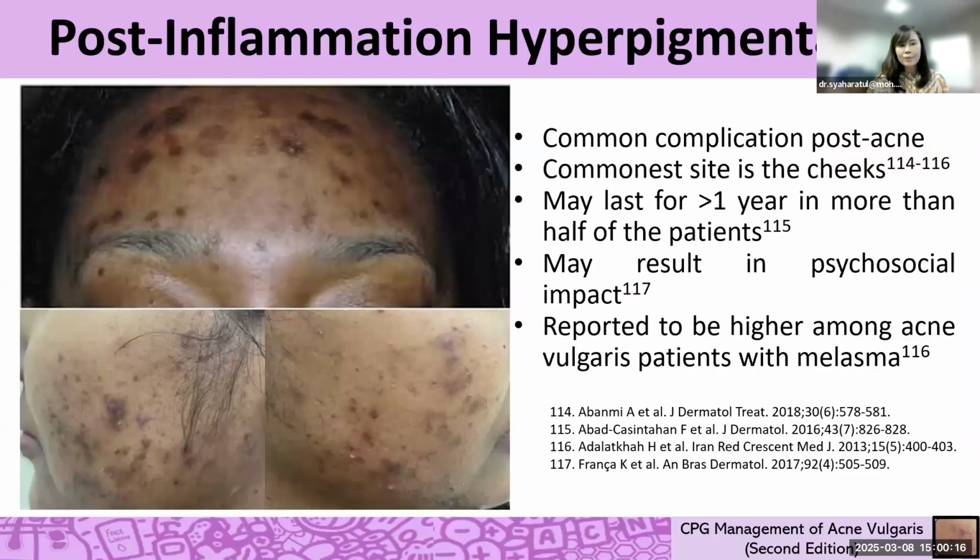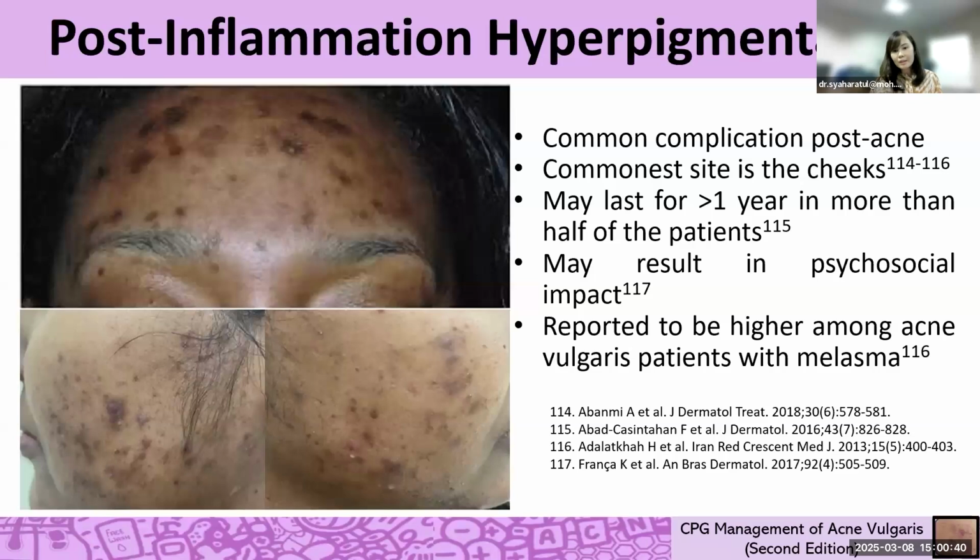Next, we have post-inflammatory hyperpigmentation, which is also very commonly seen amongst our acne patients. When I was talking about CAS scoring earlier, I showed you a patient who had mild acne, but still didn't look that good because she had a lot of post-inflammatory hyperpigmentation. The commonest site is usually the cheeks.